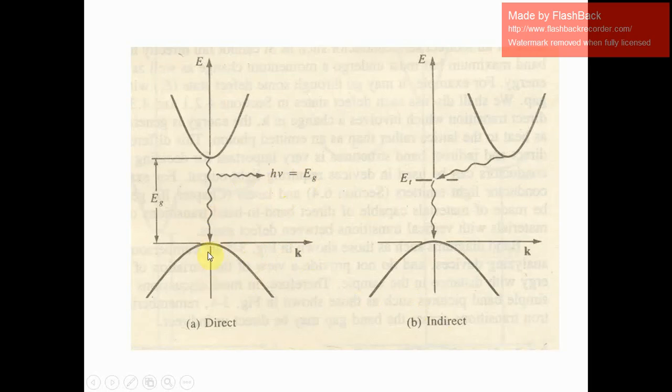When there is a direct transfer from valence band to conduction band or conduction band to valence band, that is a direct band gap transfer, meaning there is no difference between the valence band and conduction band with respect to momentum k. For indirect band gap semiconductors, the conduction band is slightly shifted from the valence band by some momentum k. So it takes a long time to recombine, from conduction band to valence band.